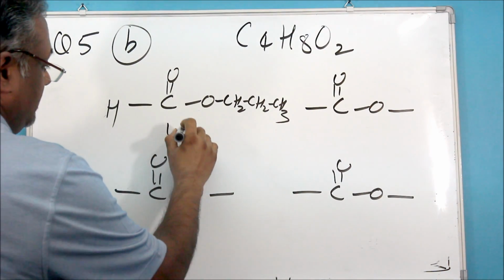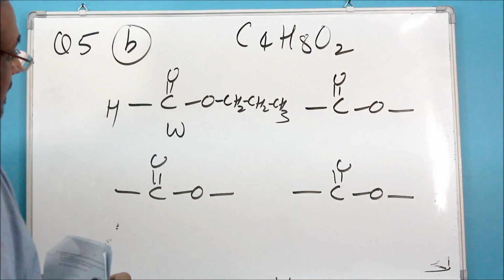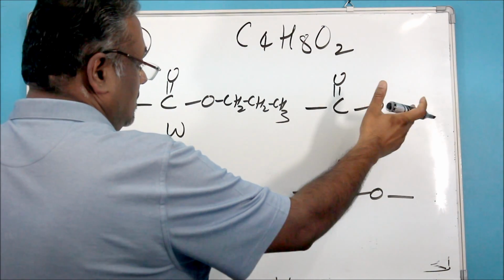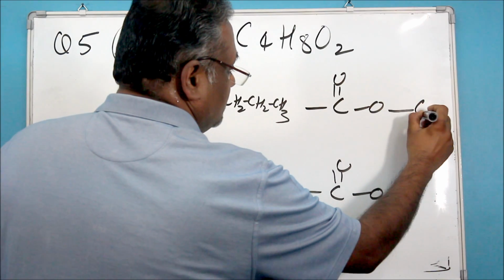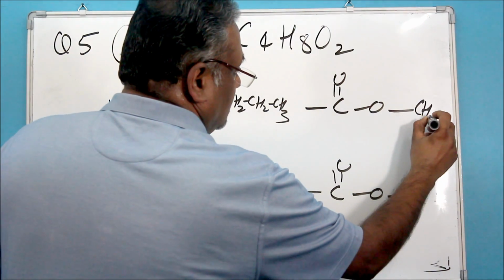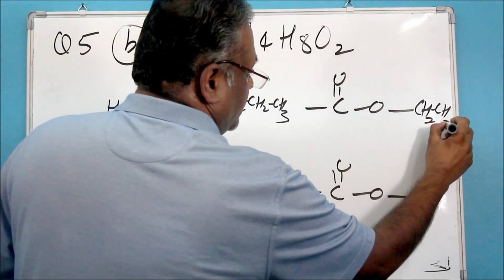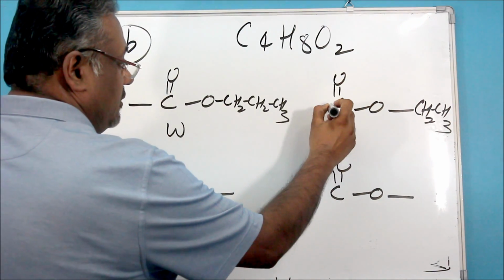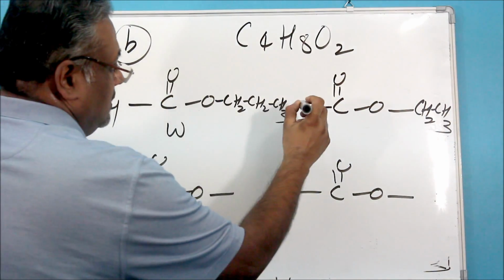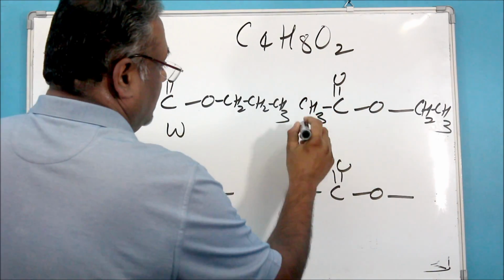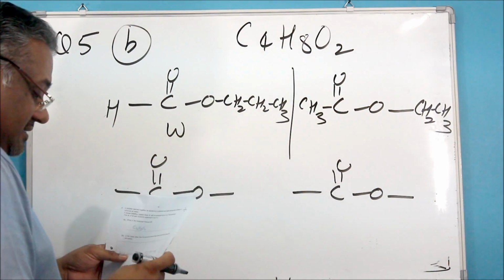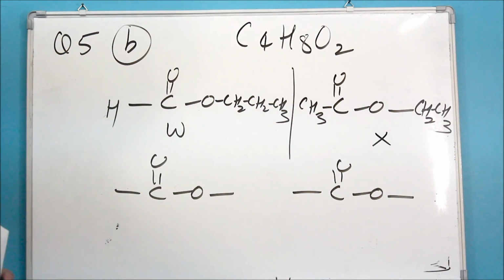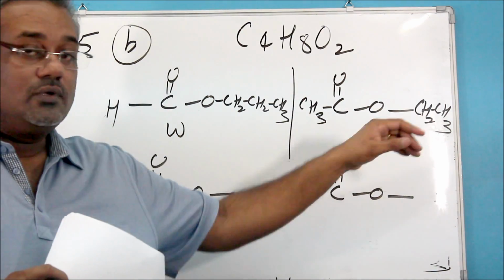So let's say I label this as W. In my second ester, maybe I want to put only 2 carbons there. So I put my 2 carbons here, so CH2, CH3. My third carbon is here, which means I only have 1 carbon left, and that I can put here, and that's going to be my second isomer, X. So I put 3 carbons, I put 2 carbons.